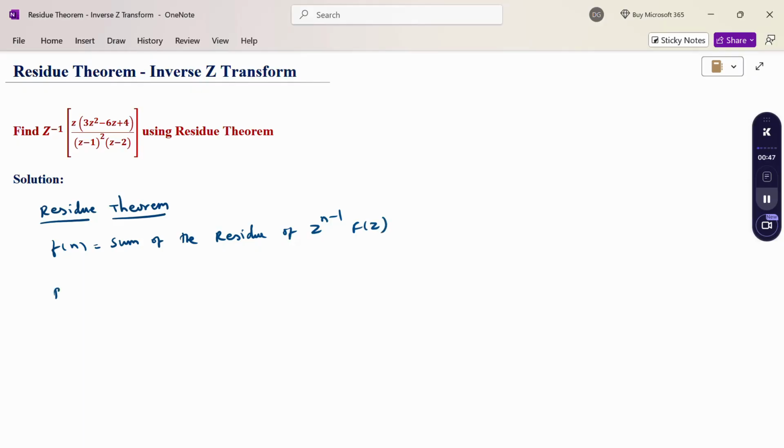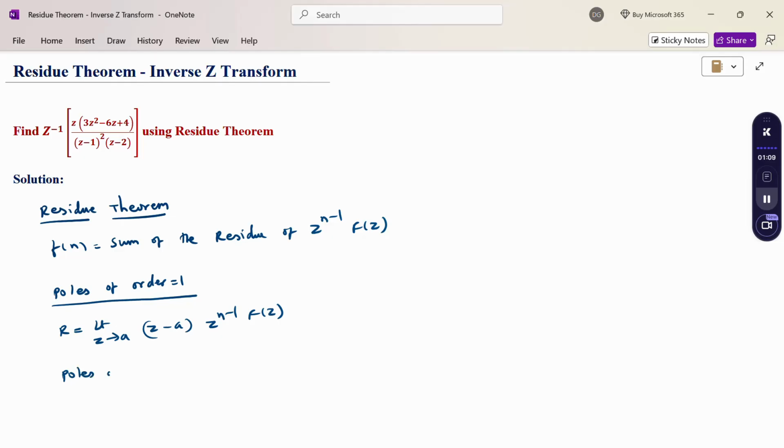To find the residue, we have two formulas. For a pole of order 1, the residue is the limit as z tends to a of (z − a) z^(n−1) f(z).